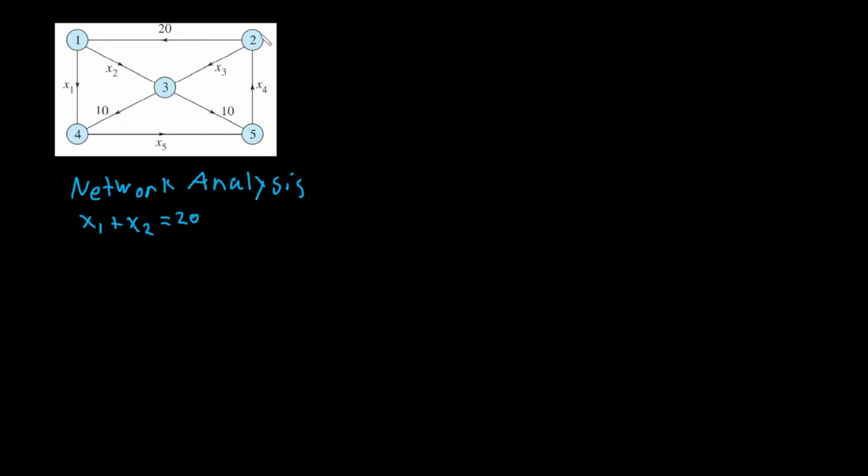Now let's apply that for junction 2. So here we have x4 flowing in and x3 and 20 flowing out. So x4 is equal to, the flow in is equal to x3 plus 20 because that's the flow out. I always recommend that you write the equation with flow in and flow out on different sides before you rearrange to solve for the constant.